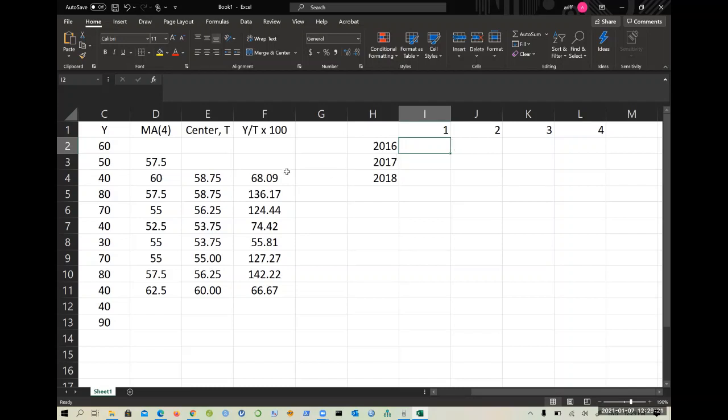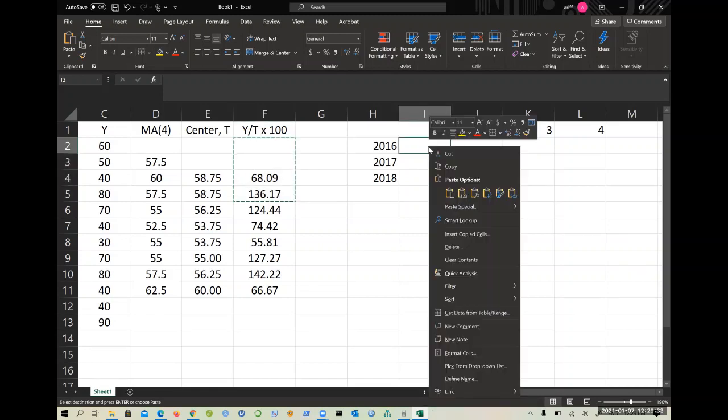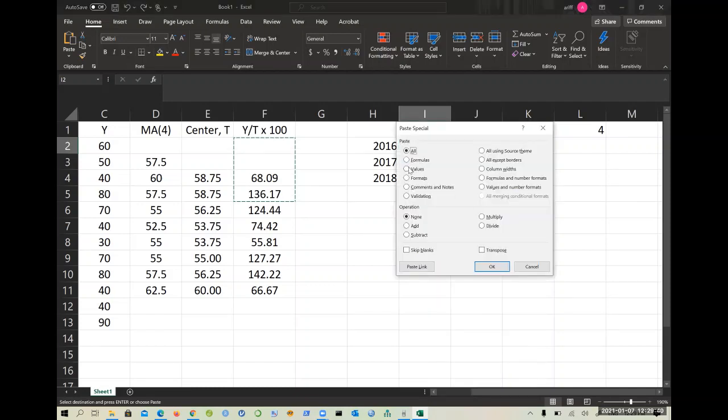So let me transfer this value. Okay, the first one, I want this one. So this one, Control C. So I put it here. And then paste special. And then I want the values only and transpose the values.